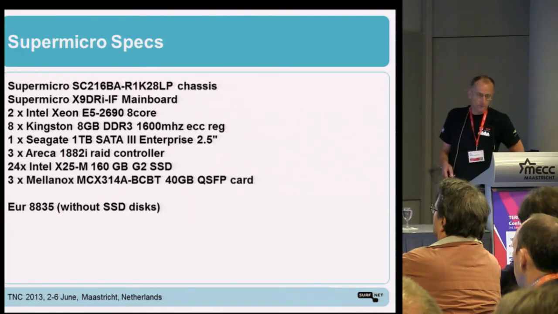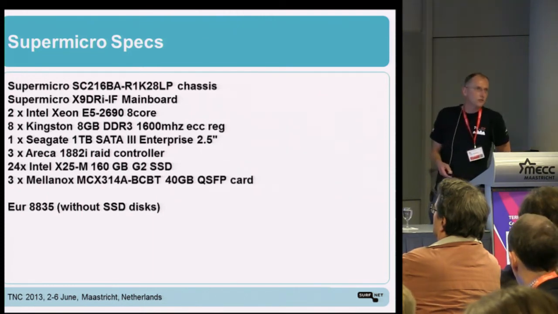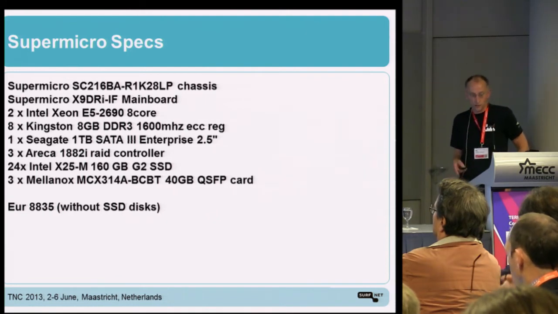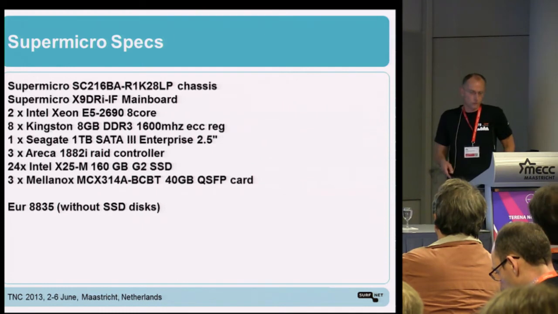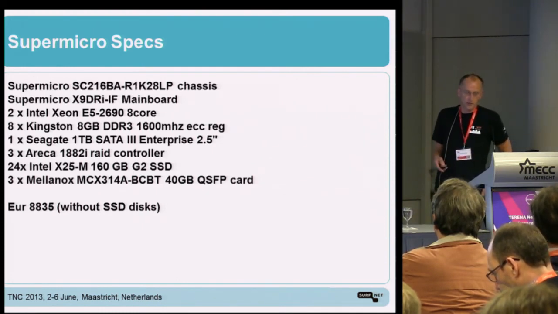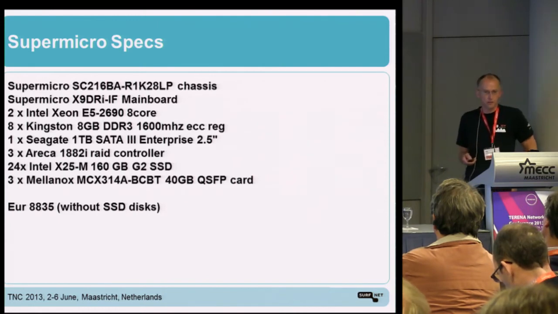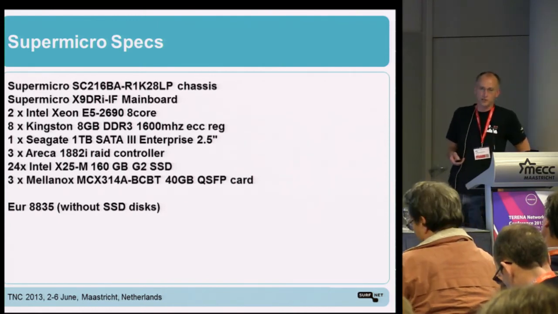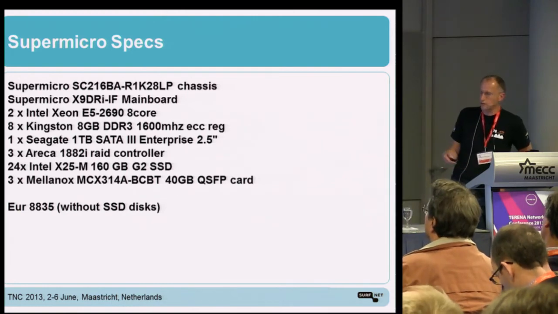And a server like this costs only 8,000 euro, without the disks, which cost another, I don't know. Back then, 2 years ago, we bought them for around 9,000 euro. They're cheaper and much faster now. But for the time being, we are using the old disks.